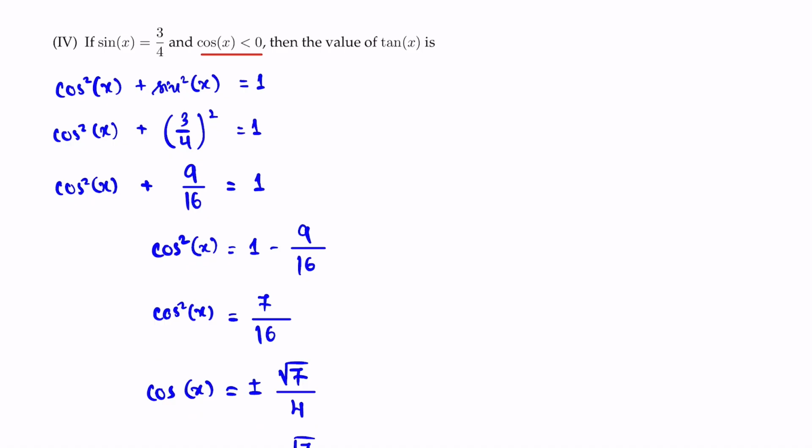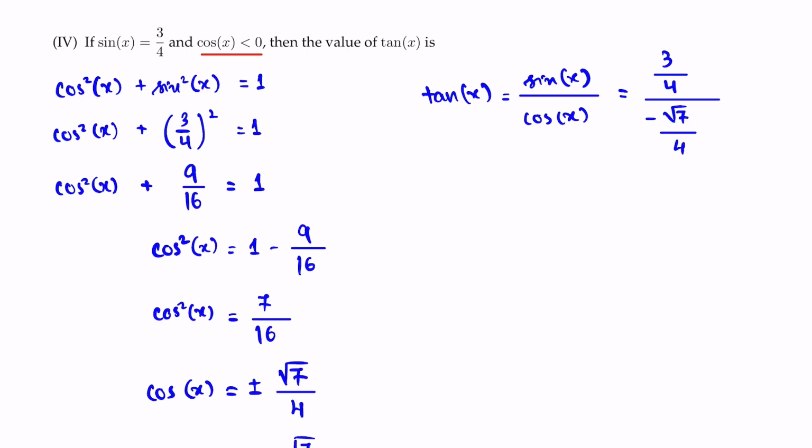Then you can calculate tangent of x, which is the ratio of sine of x over cosine of x. Sine of x is equal to 3/4, and cosine of x is -√7/4. You divide your fractions, that means you can multiply by the reciprocal. You get 3/4 times 4 over negative square root of 7, and the 4 cancel out.